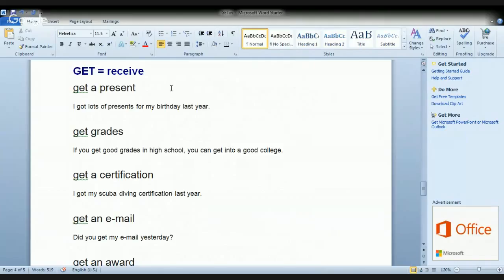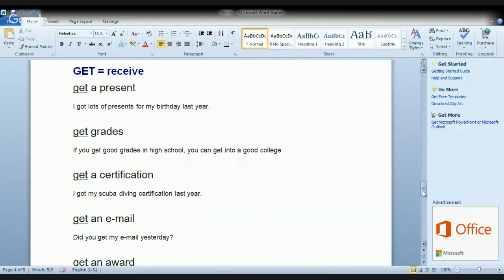So the first example here says, get a present. I got lots of presents for my birthday last year. I'm going to get a lot of presents for my birthday this year. So we can use these in many different tenses as well. All of these can be used in any past, present, future tense, okay, depending on the situation.